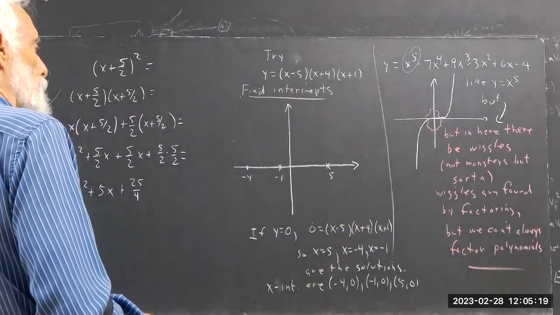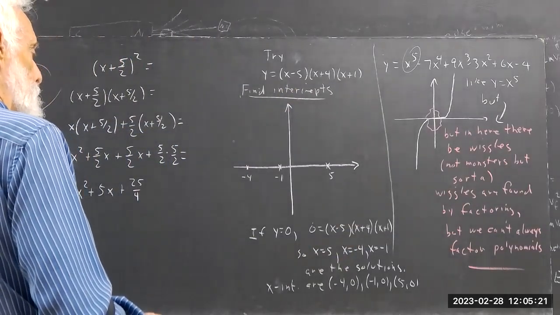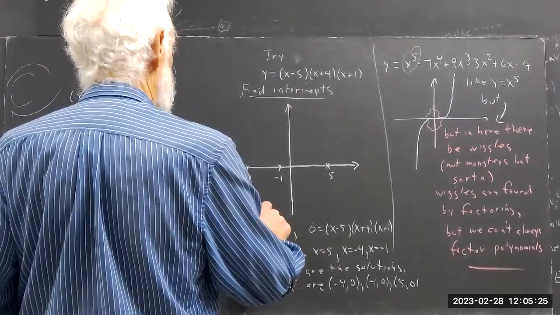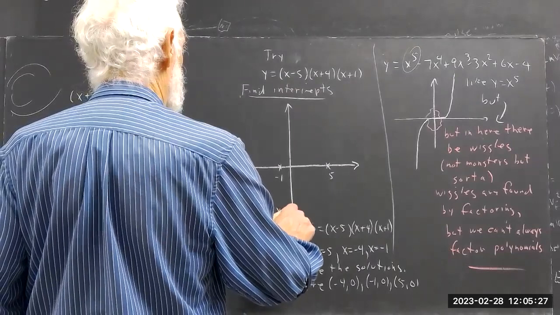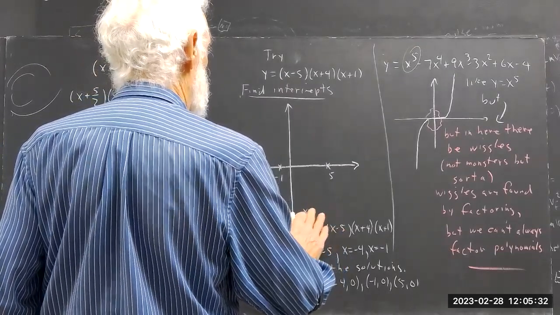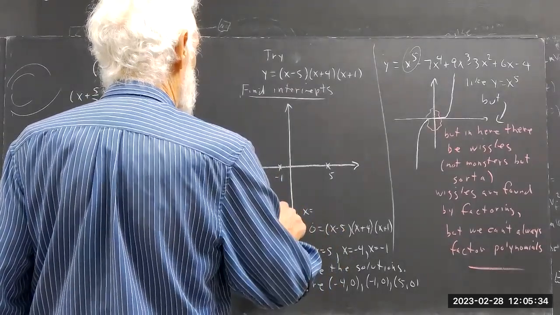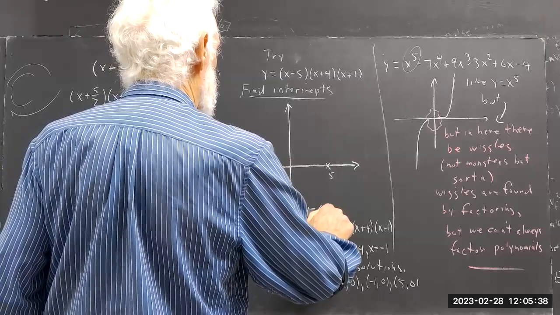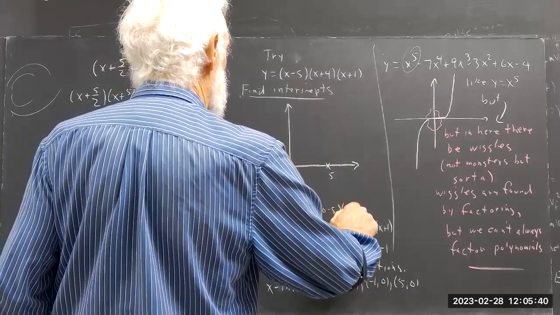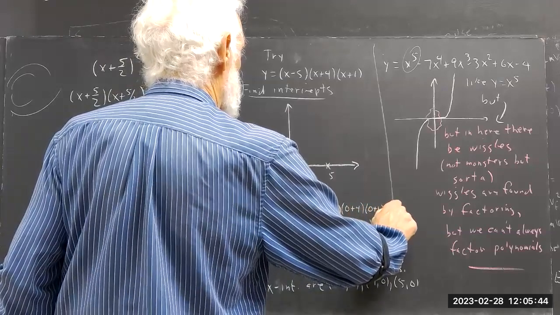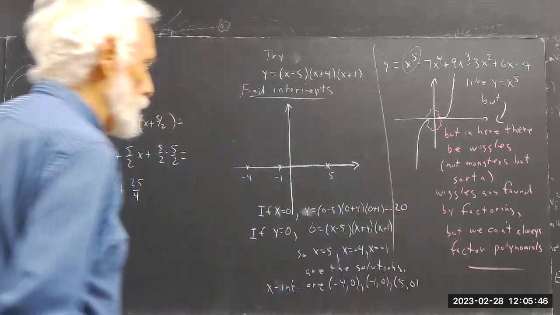Okay. Now, what about the y-intercept? X equals 0. We get -20.